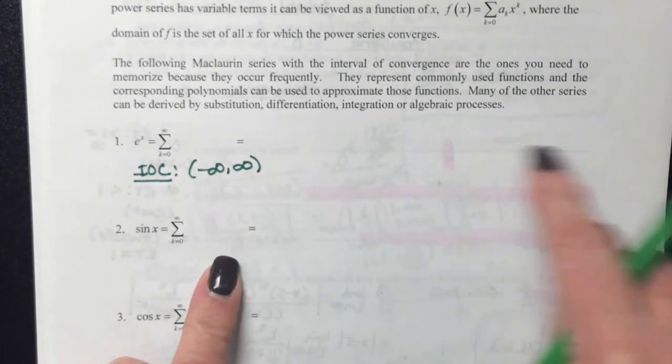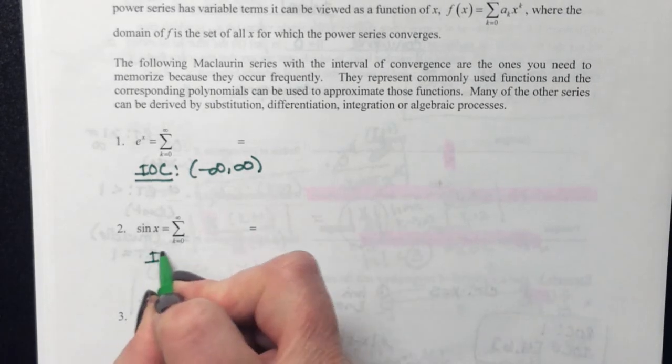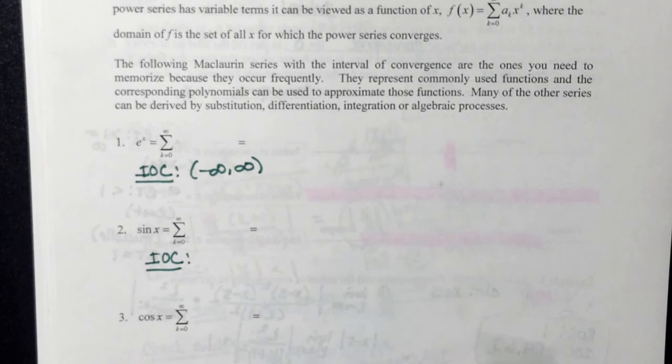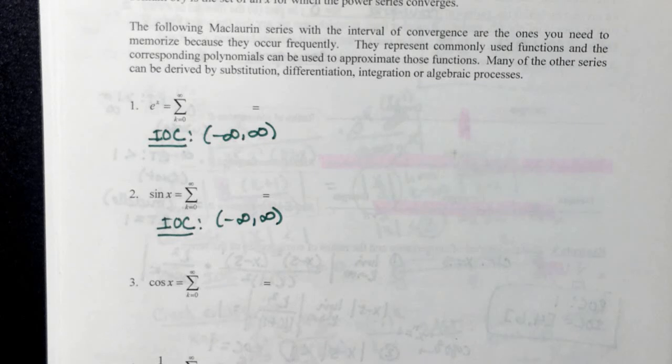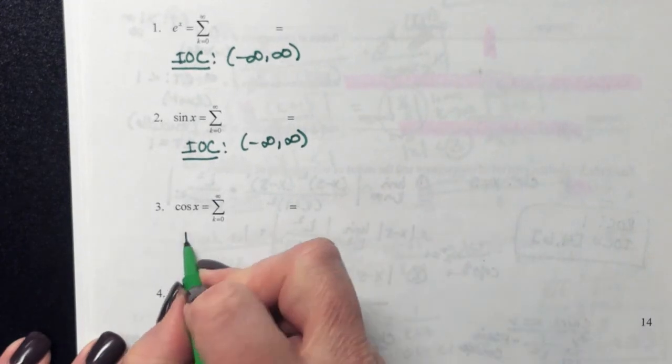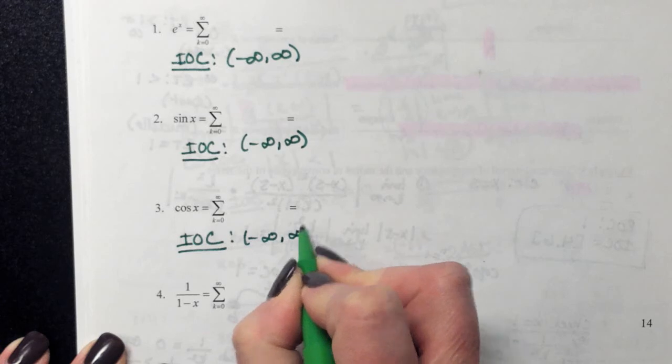Like I said, we wrote all this out on your green sheet. The interval of convergence for sine of x is also all real numbers. Cosine of x also has an interval of convergence of all real numbers.